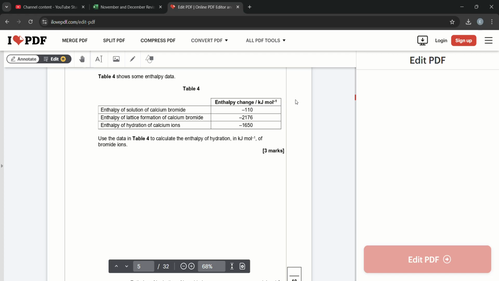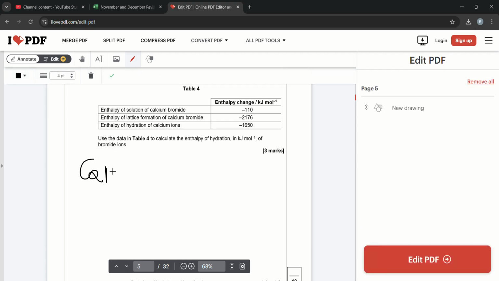So we've got CaBr2 solid. So everything I said wouldn't even matter because we've got 2 bromide ions. Calcium bromide, I should have known that, to form Ca2 plus aqueous plus 2 Br minus aqueous.